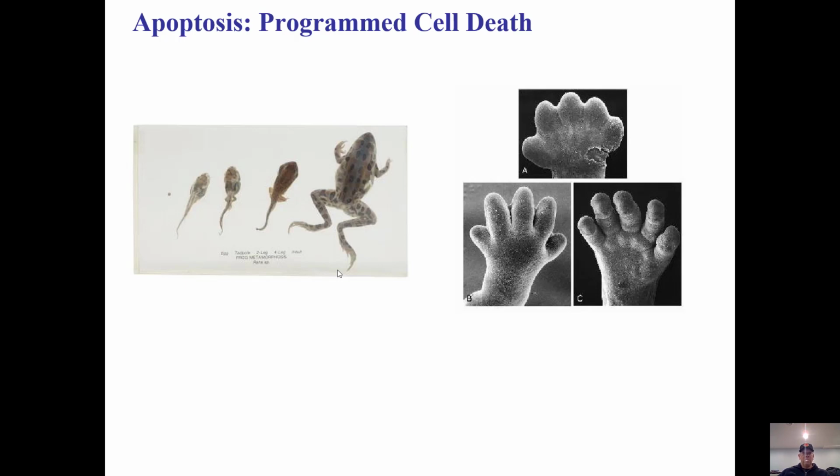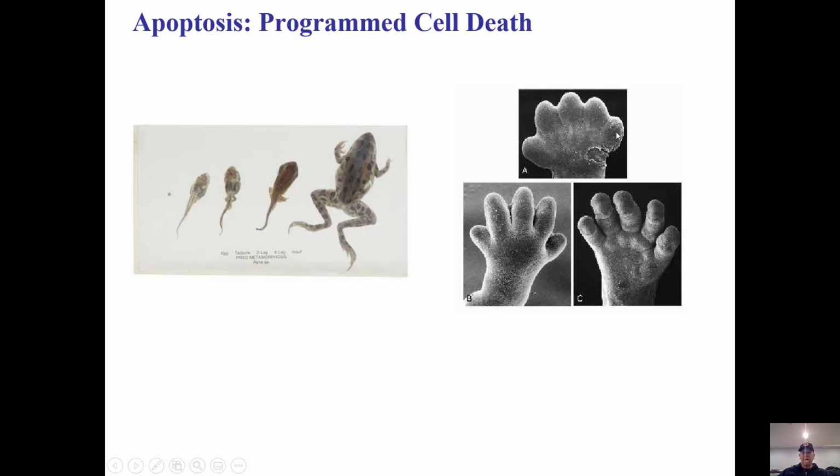But in cases like with frog development, the cells will make a lot of lysosomes and then allow the hydrolytic enzymes to be released in the cell, basically killing the cell. So that's very useful for the frog's development because it'll basically destroy all the cells in the tail, and then the tail goes away.